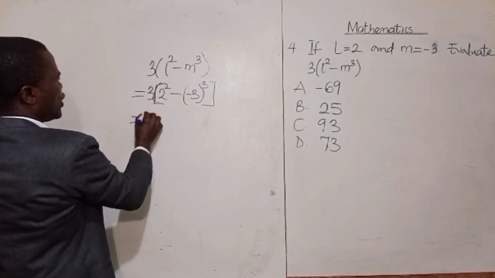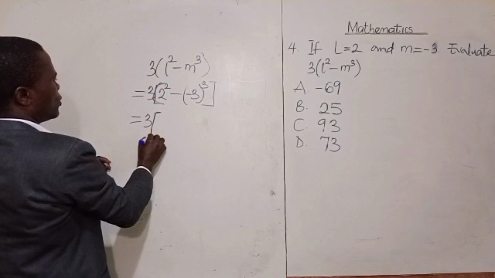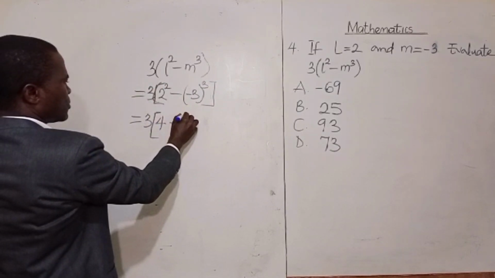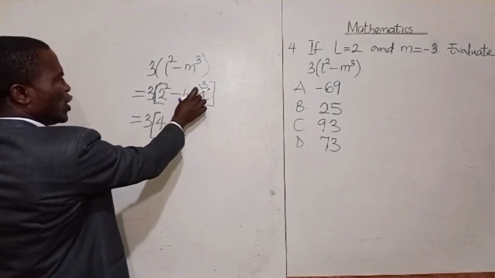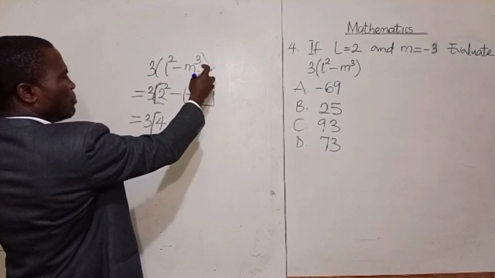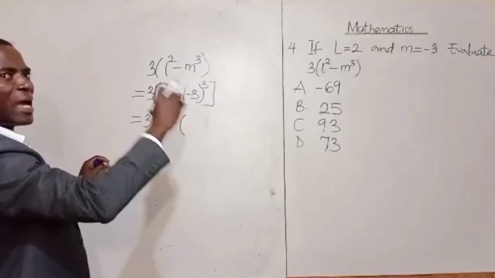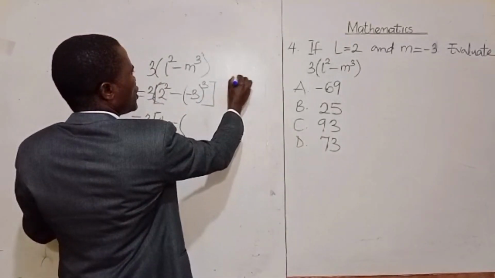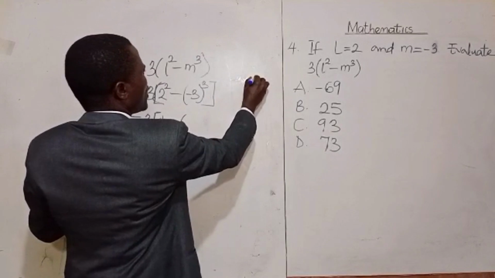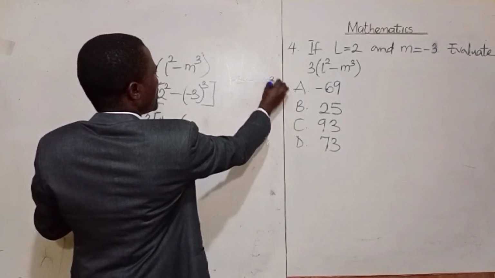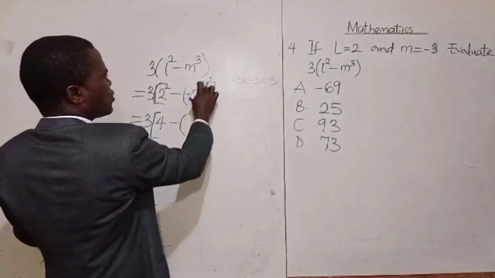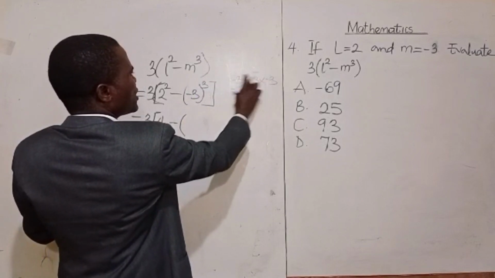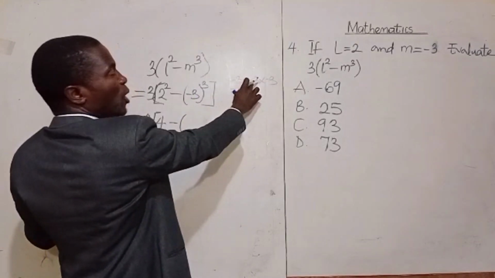Now we have 3 into 2 raised to power 2 is 4 minus 3 raised to power 3, which implies minus 3 times minus 3 times minus 3 in 3 places. That is minus 3 raised to power 3. If you do it, minus times minus is plus.